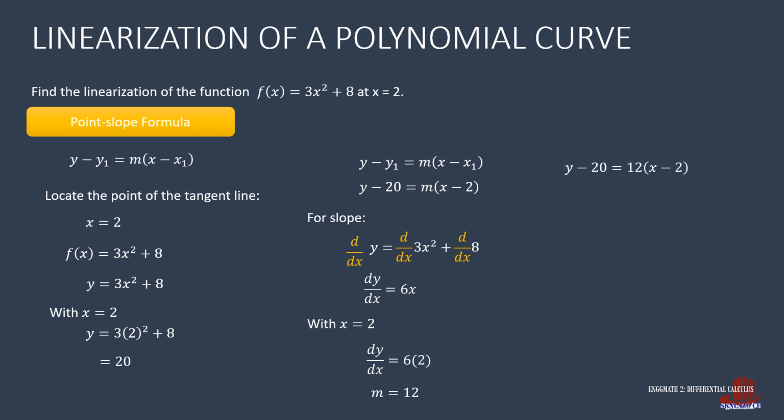So to complete the point-slope formula, we have y minus 20 is equal to 12 times the quantity of x less 2, distributed as y minus 20 is equal to 12x minus 24. And the equation is simplified as y equal to 12x minus 4.